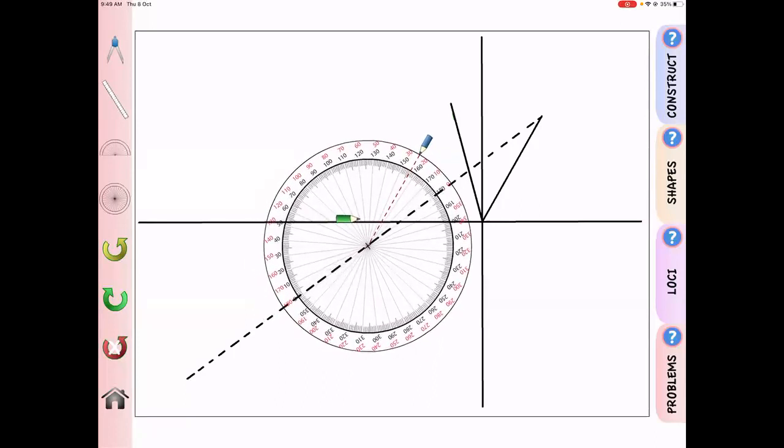Okay, so almost this, right? Now let me try to mark the point here. 270. So this is our intersection point. And at 90 as well, so I can have the complete line.